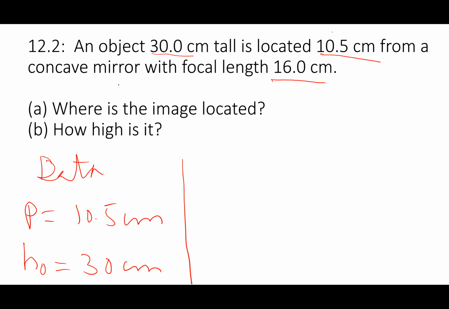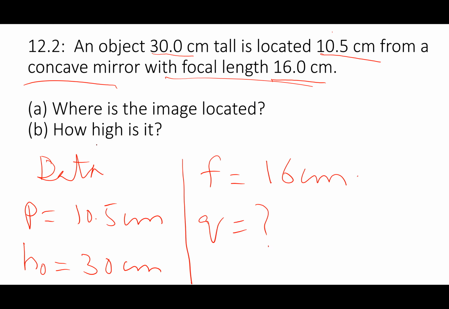Concave mirror means converging mirror with focal length 16. Converging mirror, so focal length should be taken positive. Where is the image located? Q. And how high is it? Height of image.